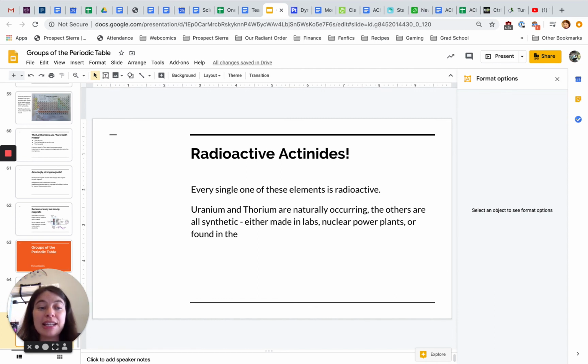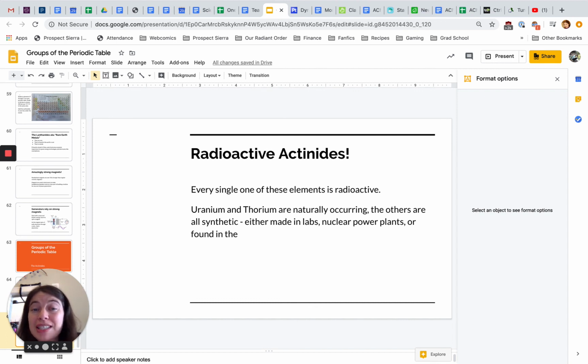They're made in a number of different situations. So plutonium is oftentimes made in nuclear power plants. Some of them are made in labs intentionally, where these are artificial elements that you would never find normally on the Earth's surface, but where a lab got together and they deliberately tried to create a bigger element. So that's where some of these come from. And some of them were first discovered in the aftermath of nuclear bomb tests.